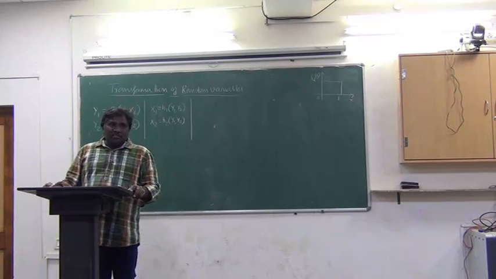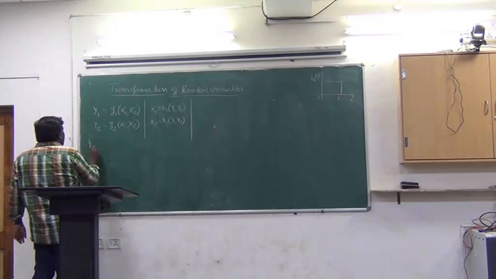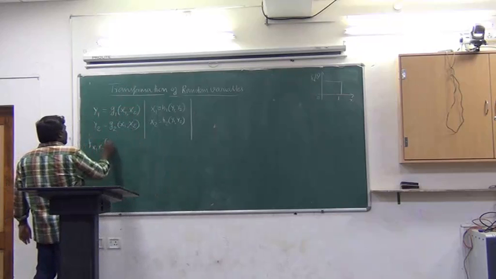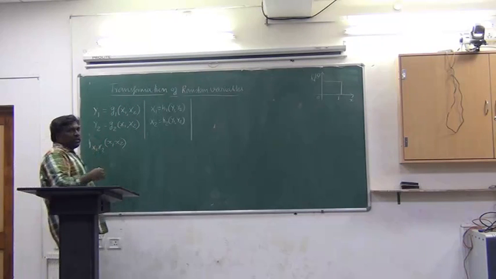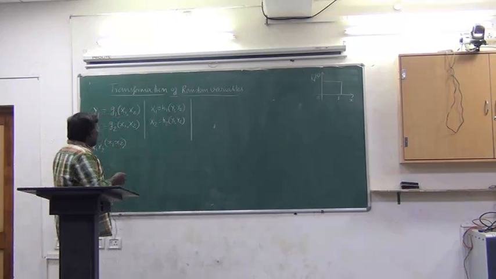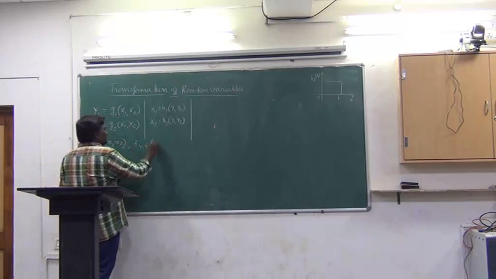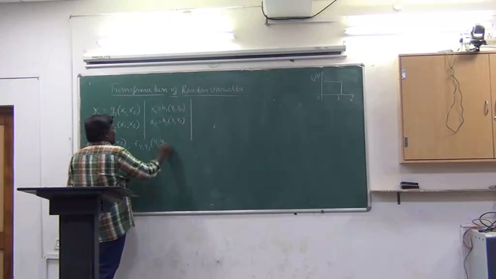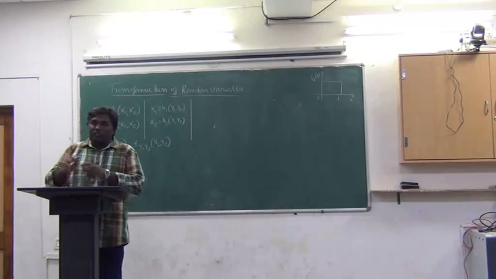The question is, if you are given the joint density function of x1 and x2 combined together, will it be possible to get the density function of y1 and y2? And remember that y1 and y2 are functions of x1 and x2, right?